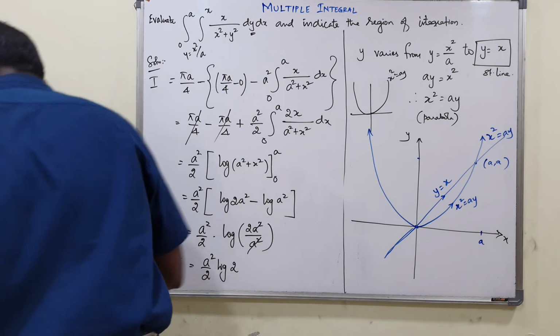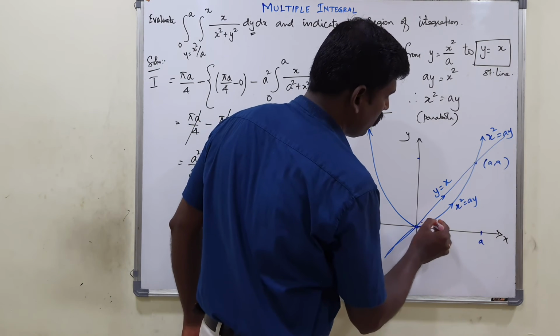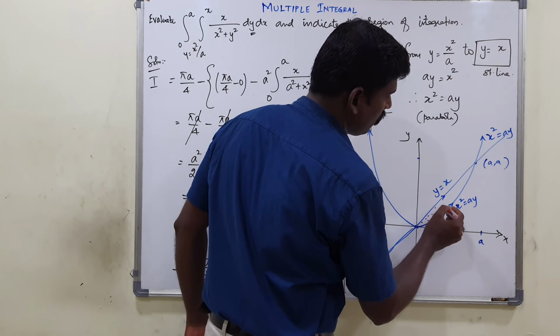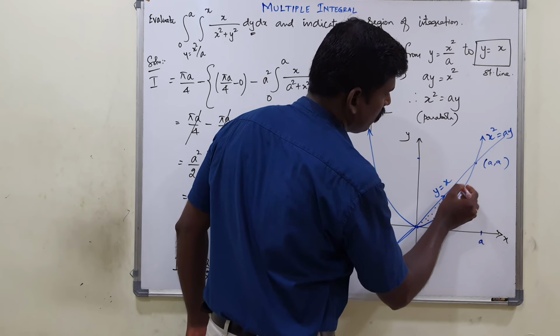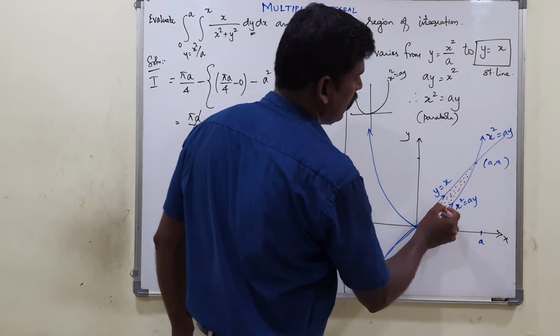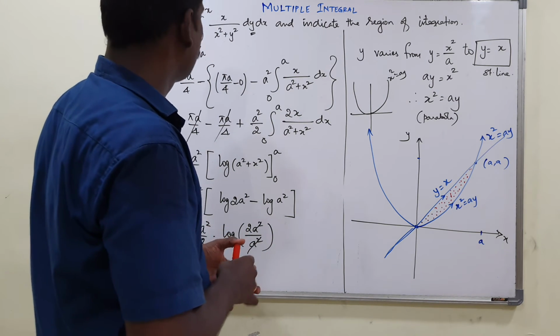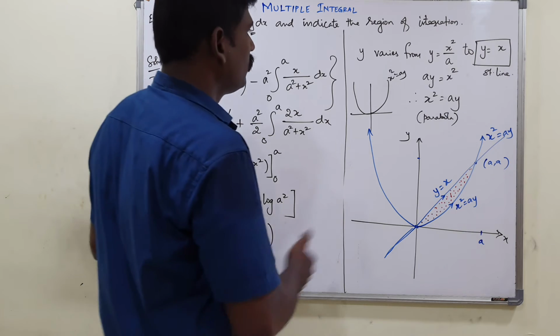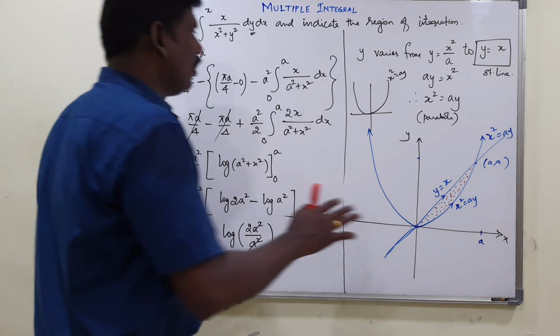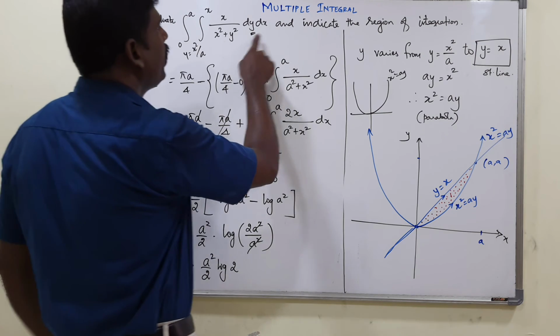Right? So what is the region of integration? In between. That's all. This is the region of integration. Right? Now we can check whether the limit is correct or not here. It is dy dx, isn't it?